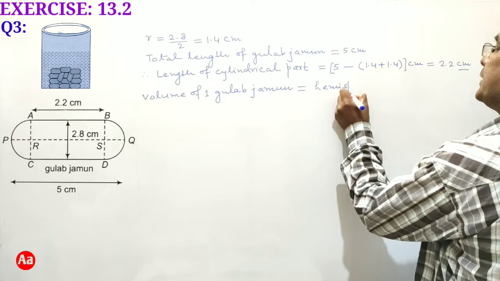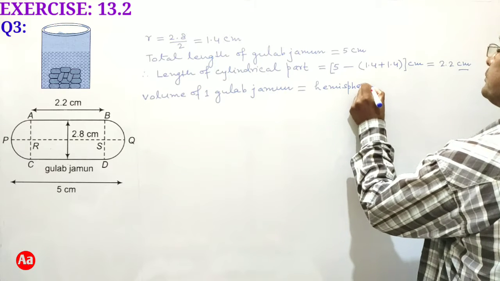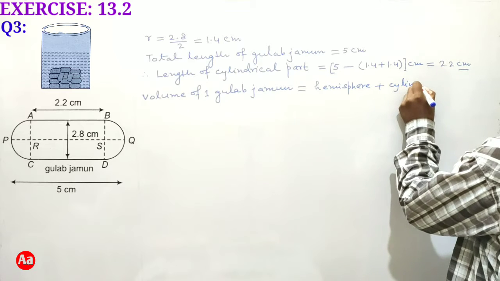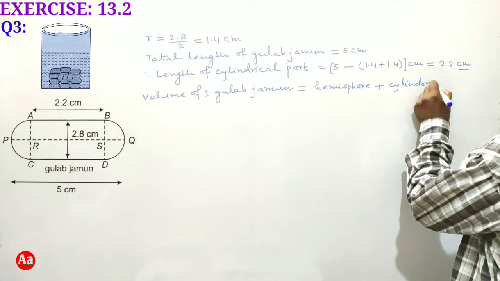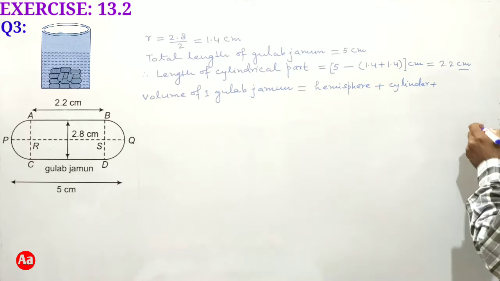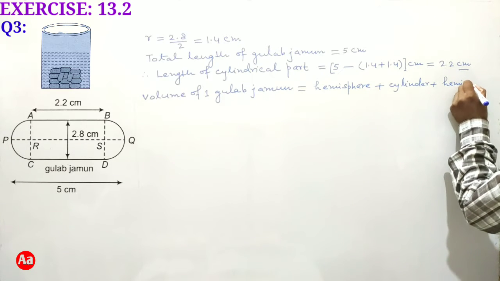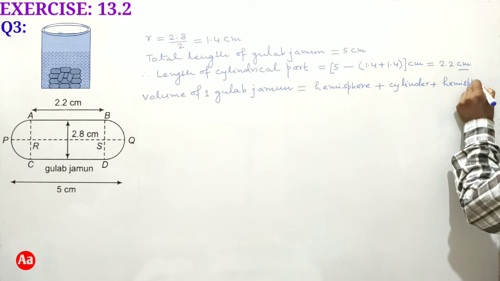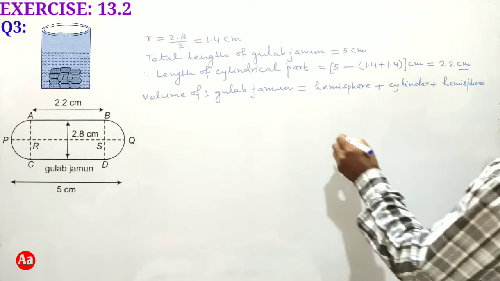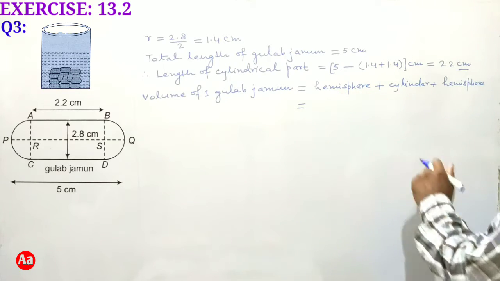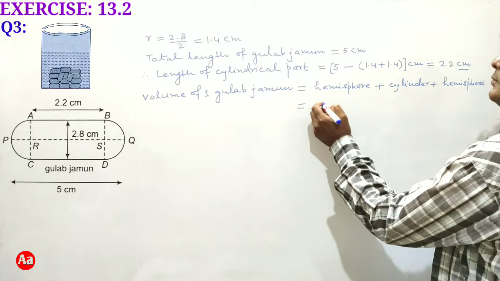So hemisphere plus cylinder plus hemisphere. This is equal to, now let us write their volume formulas.